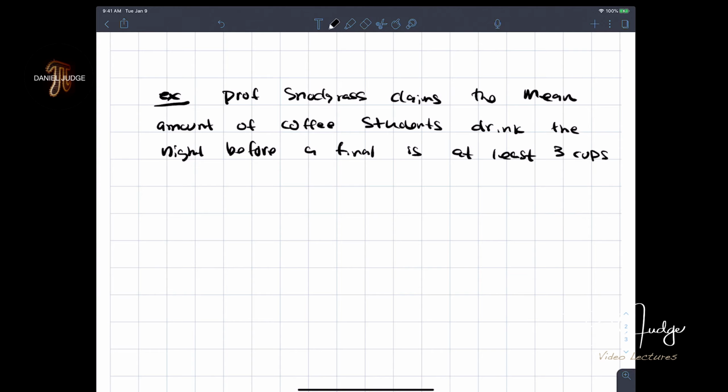Now, sometimes you have to define a cup, right? We're going to say 8 ounces. So he's really saying 24 ounces of coffee. Ooh, that's a lot. Okay.